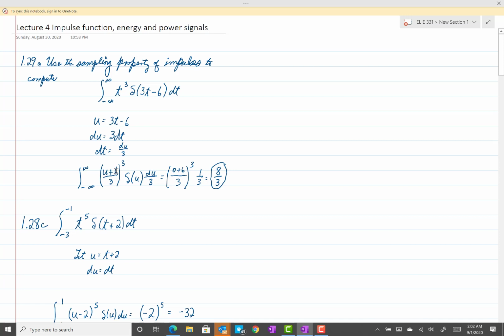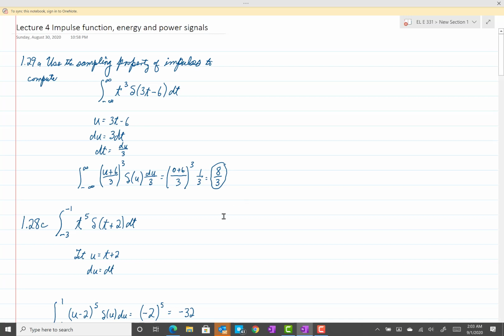So we would have 0 plus 6 over 3 cubed, and then we don't want to forget this 1/3 out here. So we have 0 plus 6 over 3, which is 2 cubed, so that's 8 times 1/3, or 8/3. And it's just that simple. That's how we use the impulse or the delta function.